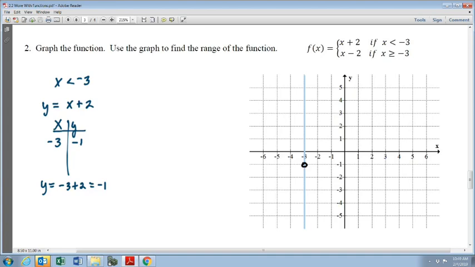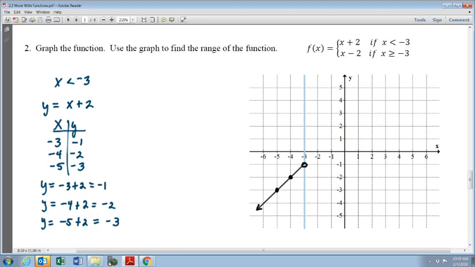But let's find a couple more points. So we need to try maybe -4. We're going to get y equals -4 plus 2, which is -2. And so that's that point. And let's try one more. If we plug in -5, -5 plus 2, we're going to get -3. And so there we go. So our line is going to look like this.